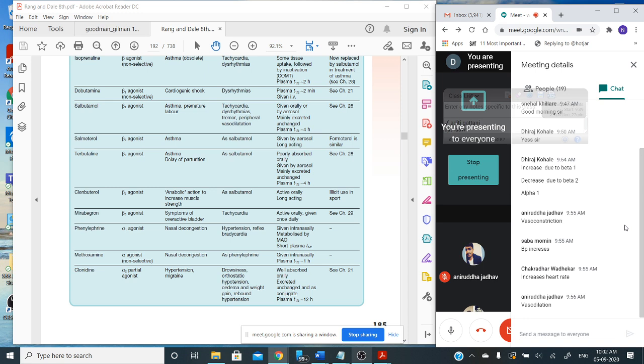So chemical denervation means the nerve is not removed, but it will not be able to release neurotransmitter, as happens when a nerve is removed. If a nerve is removed, there will be no neurotransmitter release because the nerve is not there. You understood the concept of chemical denervation?